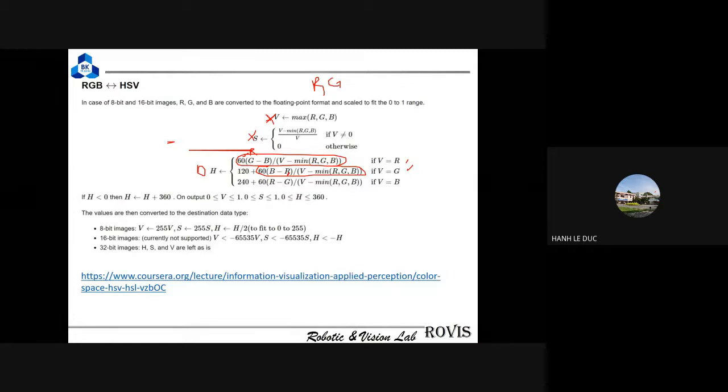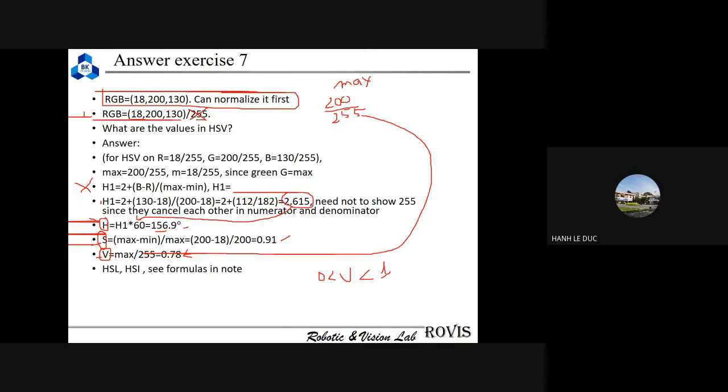We have many situations here, so I think you can go home and try to understand it by yourself first, and then maybe next week we will have a discussion about this. So the next one is this one. Any more questions here?